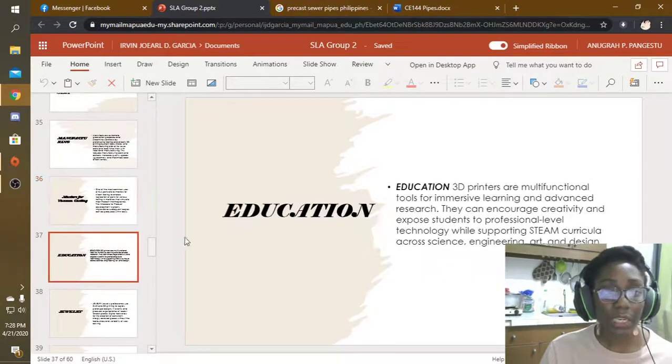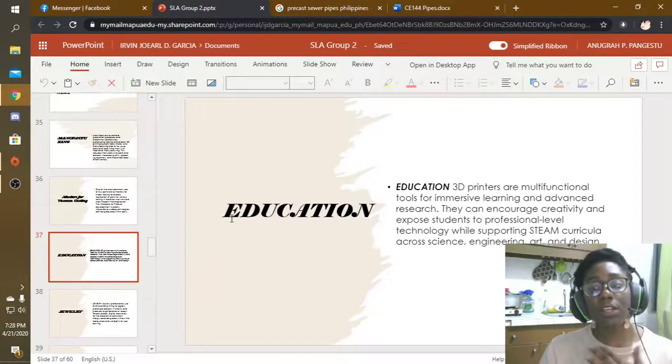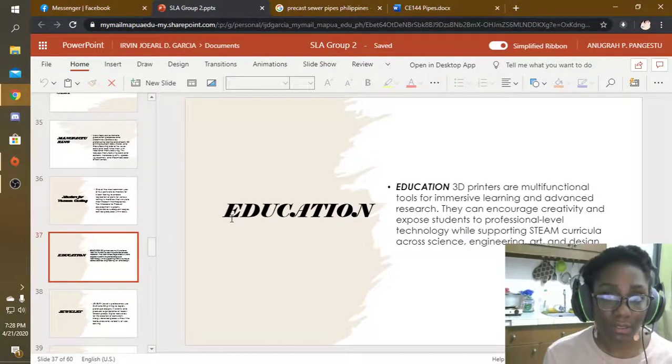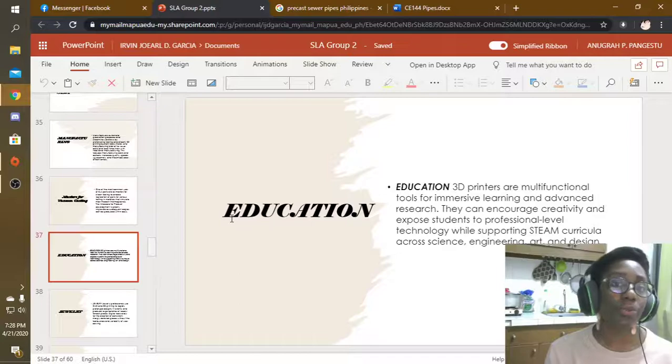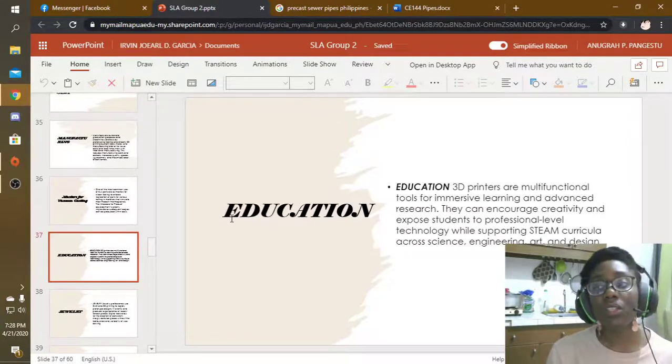Okay, the next one is education. Now, personally, this is where we benefit from 3D printing, especially SLA 3D printing. We students get to see things. For example, during art classes, we don't have to go to, let's say, Paris to see the Eiffel Tower, and we don't have to go to many cultural centers to see different cultures and different architectures.